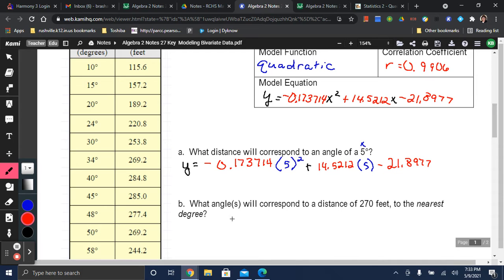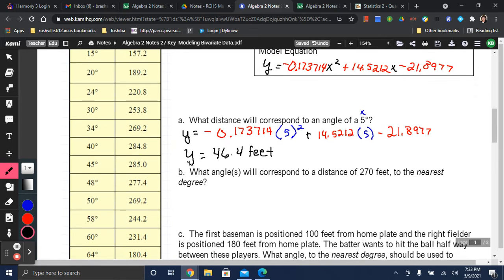So y would equal 46.4, measured in feet. This is the y value, the distance that the ball would travel at an angle of 5 degrees.